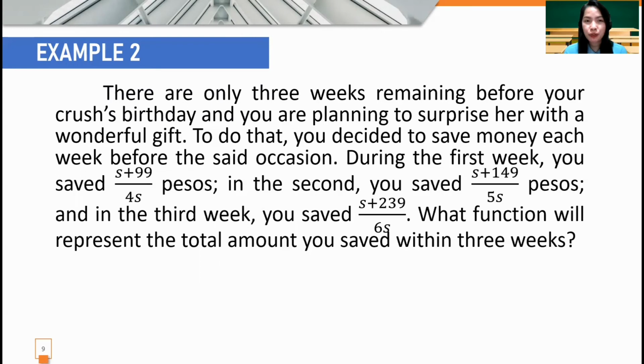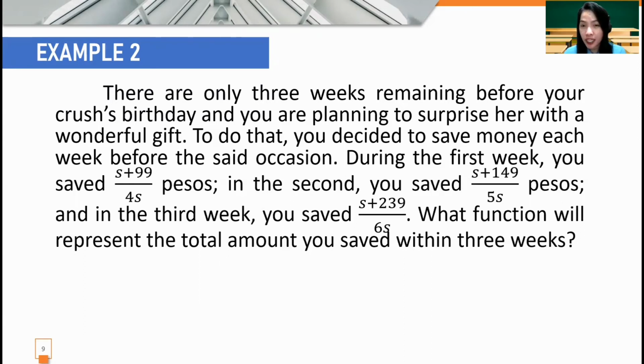Example number 2. There are only 3 weeks remaining before your crush's birthday, and you are planning to surprise her with a wonderful gift. To do that, you decided to save money each week before the said occasion. During the first week, you saved (S + 99)/4S pesos.